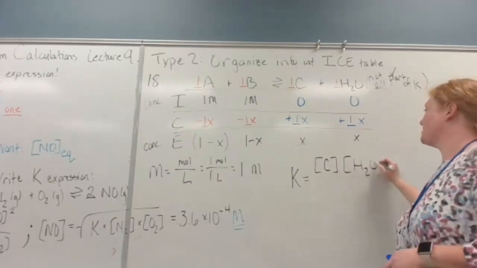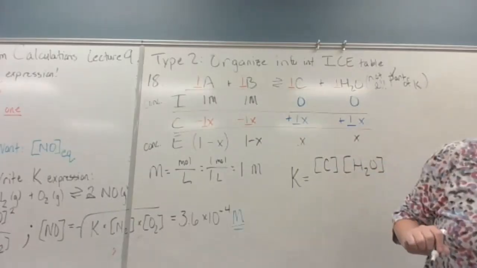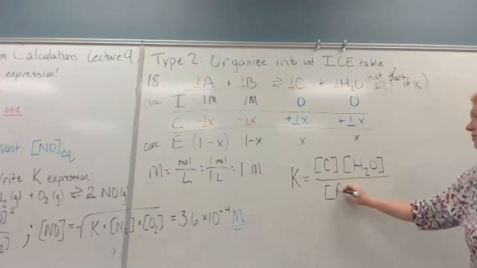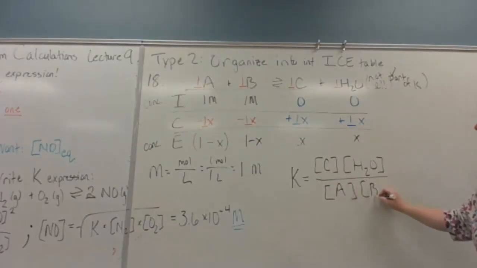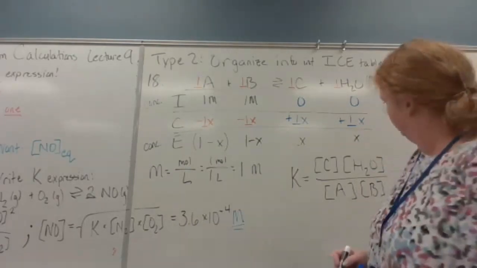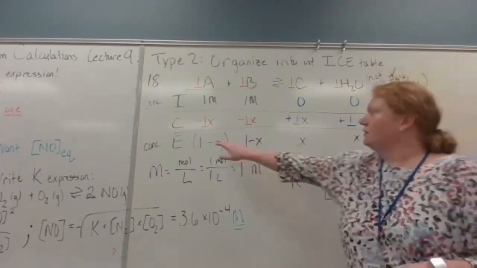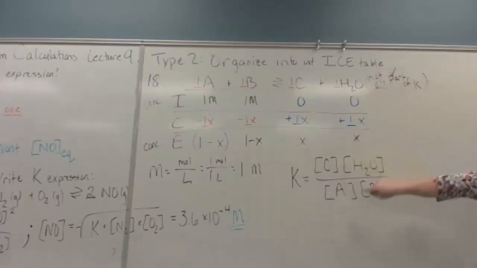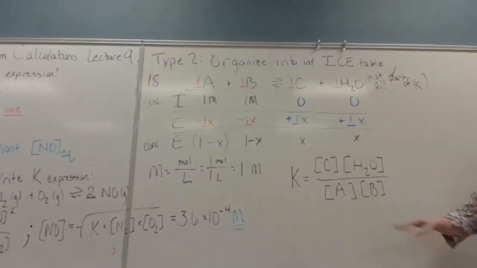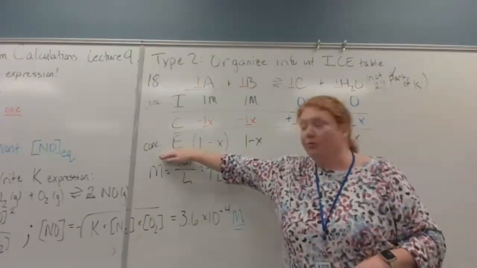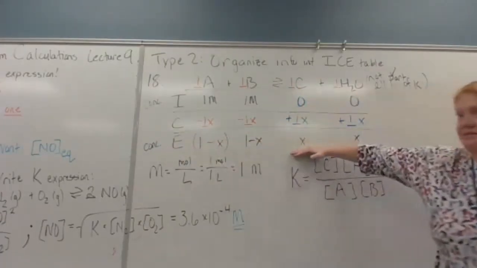Including water in this problem, because water is not a liquid here. Okay. All of these have an exponent of 1, right? What do I know needs to fill into these brackets? The equilibrium results from my ice table.